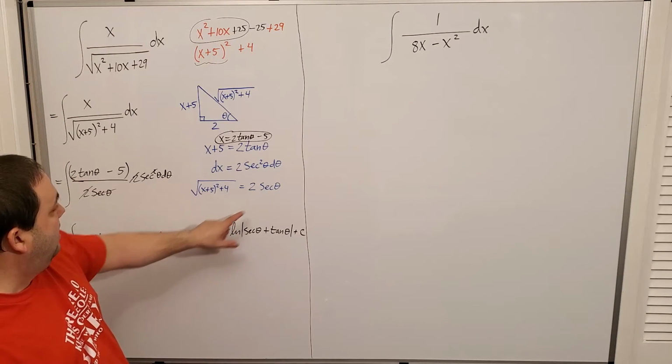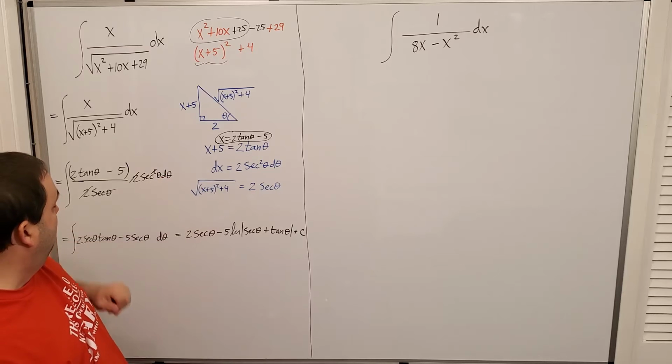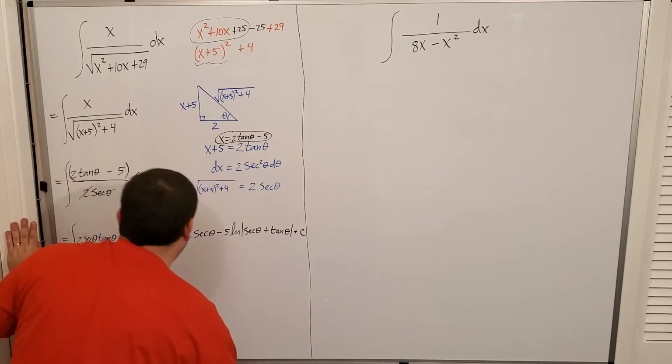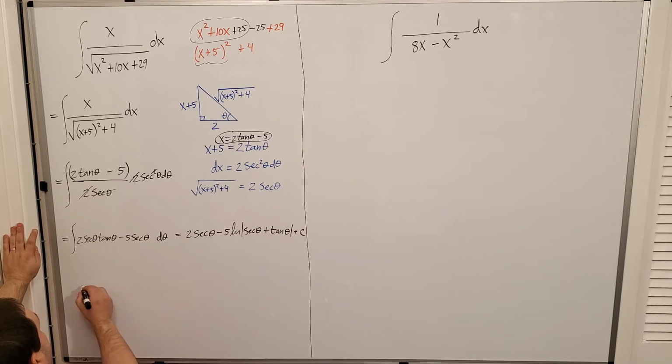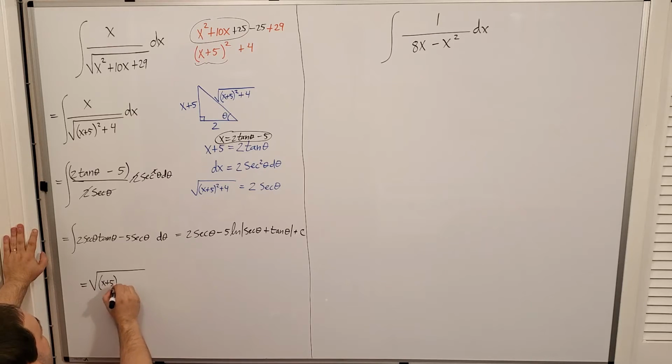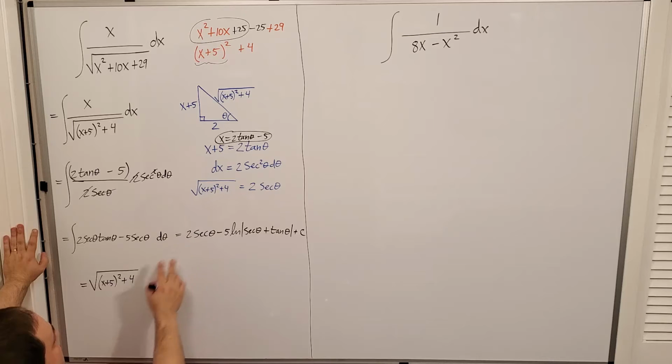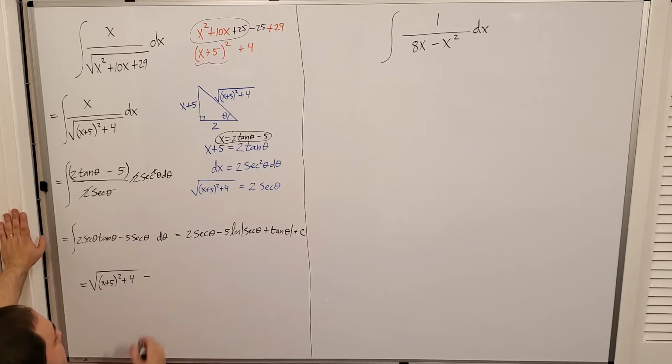2 secant theta is equal to the radical here. So my final answer here is going to be the square root of x plus 5 squared plus 4, because that's what 2 secant theta is equal to, minus 5 times the ln with an absolute value.